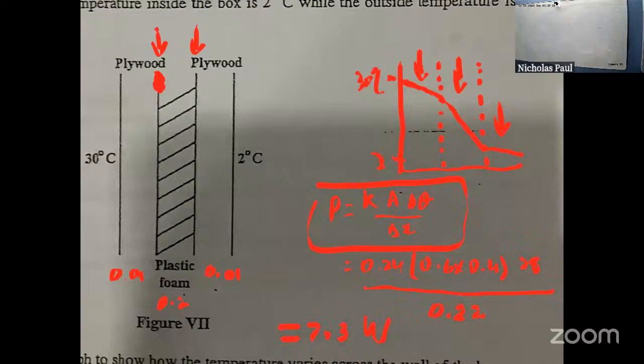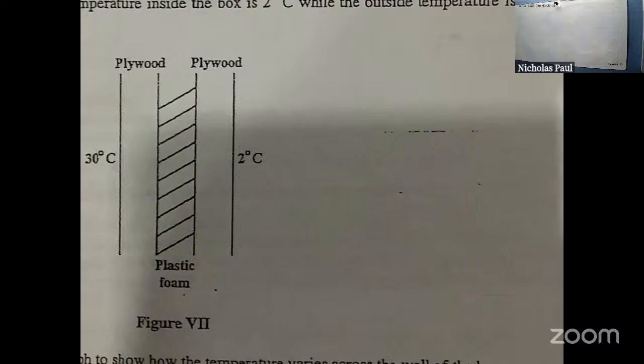So we're only using the rate of heat flow through here. Going back again, part 3: power is equal to K A delta theta over delta x.